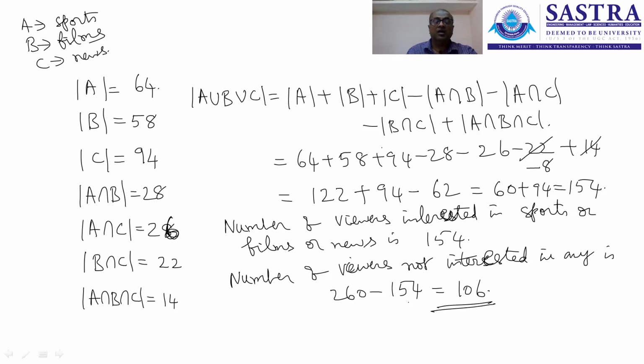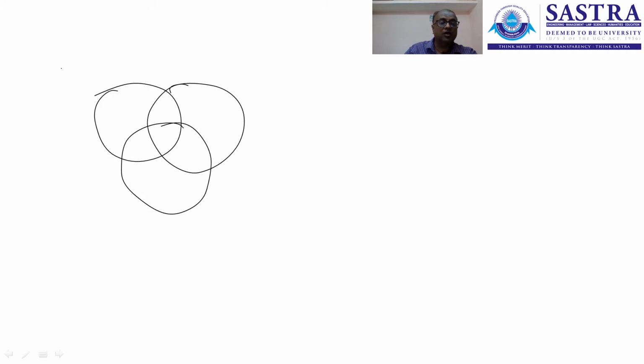Now what I have to do is find out the number of viewers who are interested only in the news. Let me again take this Venn diagram so that you can easily understand this. Now I'll have 3 sets instead of 2. Let me draw like this.